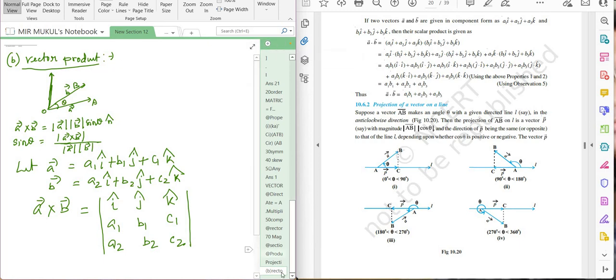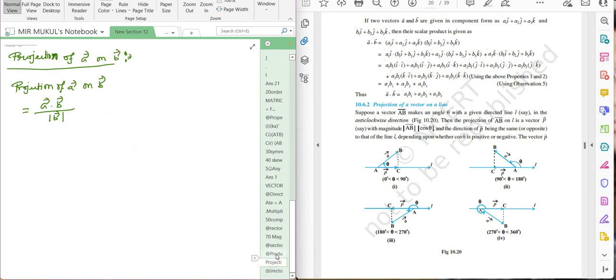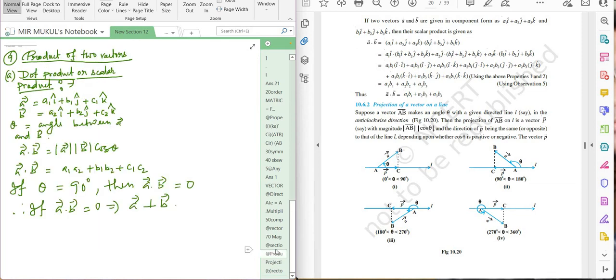Now, I explained projection and the product of two vectors, scalar product.